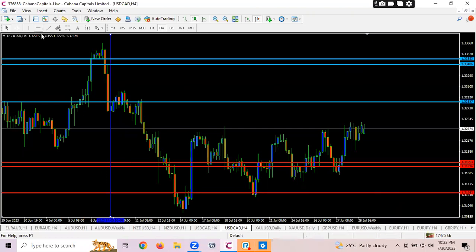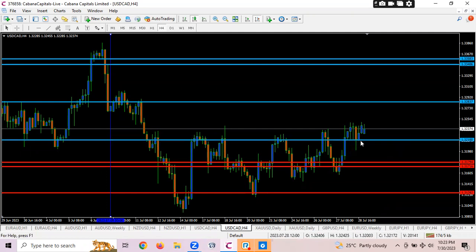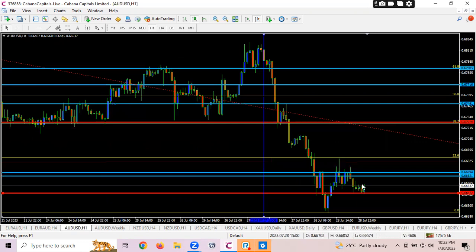Or if a 4-hour candle closes below this support, that will be an entry for sell. So it's either price pulls back to this zone for us to sell, or a 4-hour candle closes below this support. When a 4-hour candle closes below this support on USD CAD, it is expected that on Australian dollar USD, a 4-hour candle should close above this resistance, since they are negatively correlated.